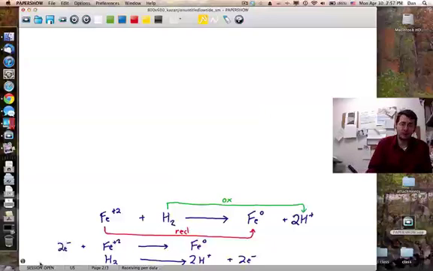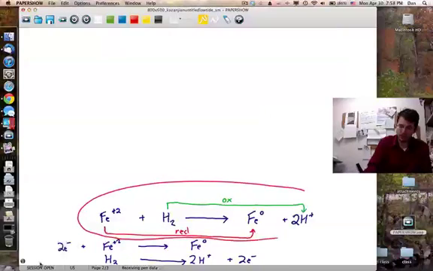And when we combine those two half reactions together, we get the balanced chemical reaction. And we looked at these balanced under acidic and basic conditions. We're not going to go through that right now.